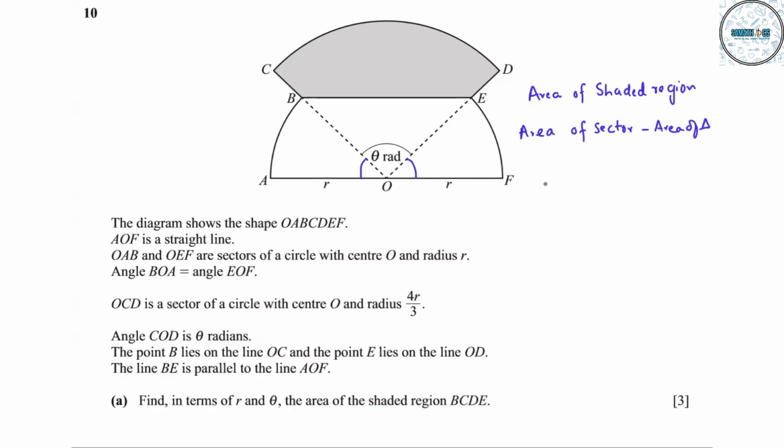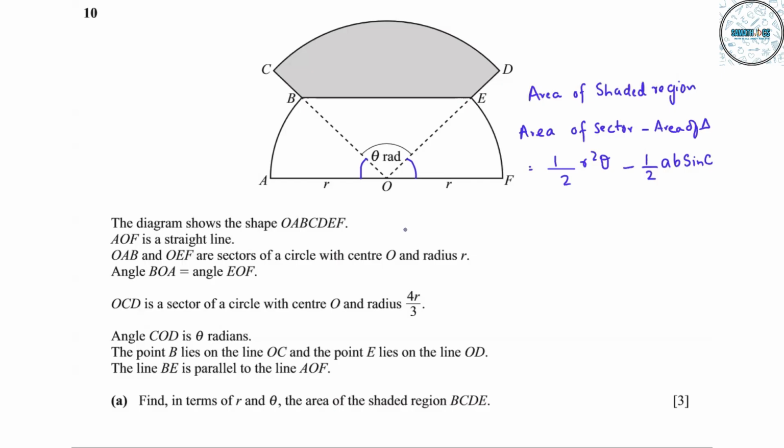For area of sector, we have the formula 1 upon 2 r square theta. And for area of triangle, we have 1 upon 2 ab sine C.